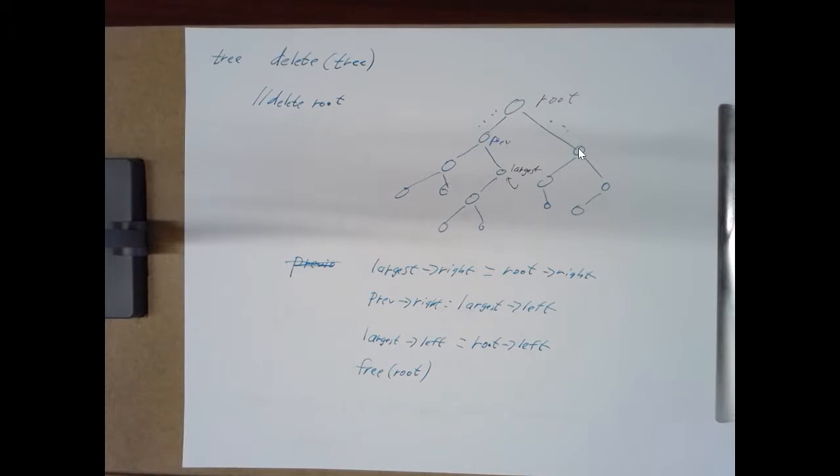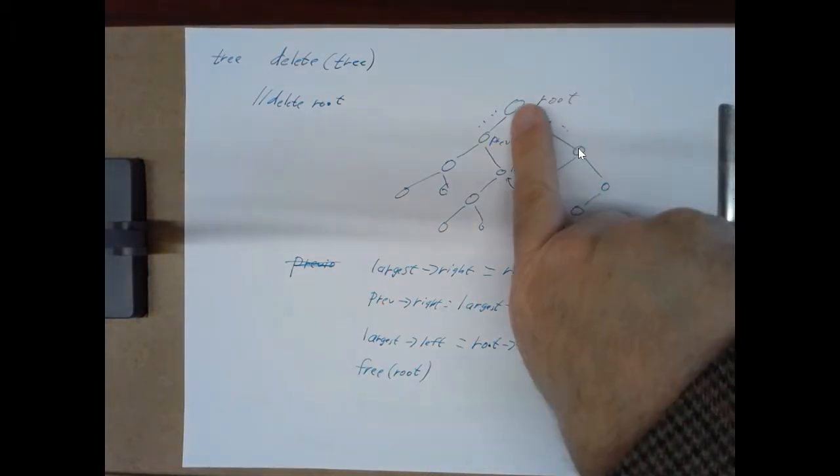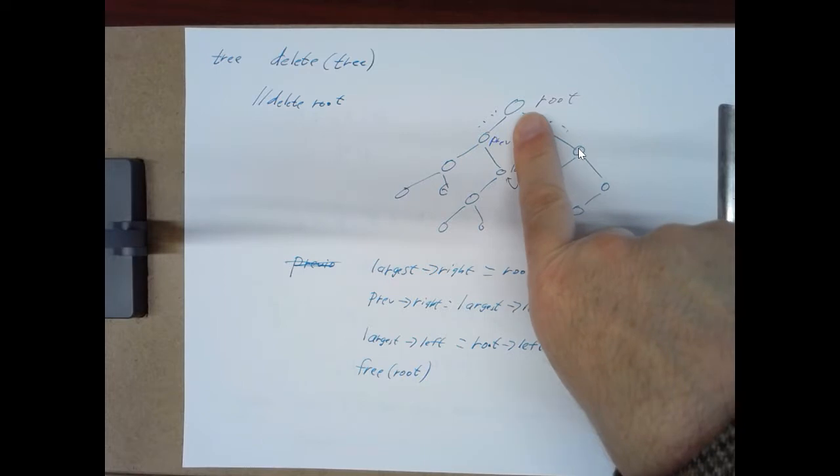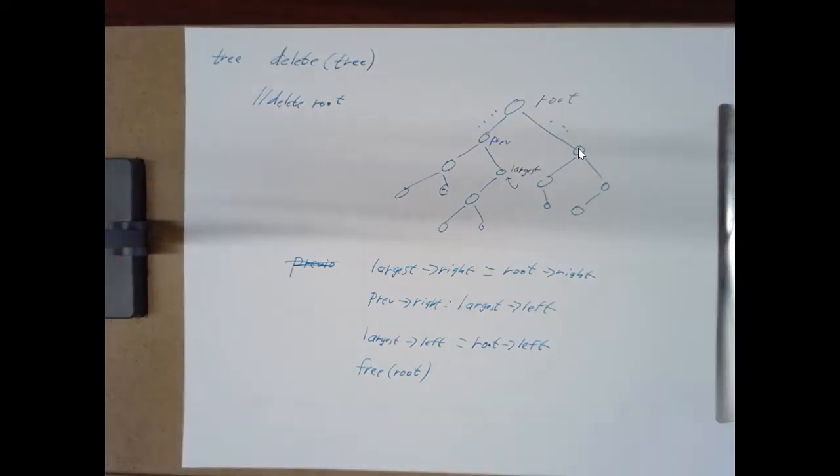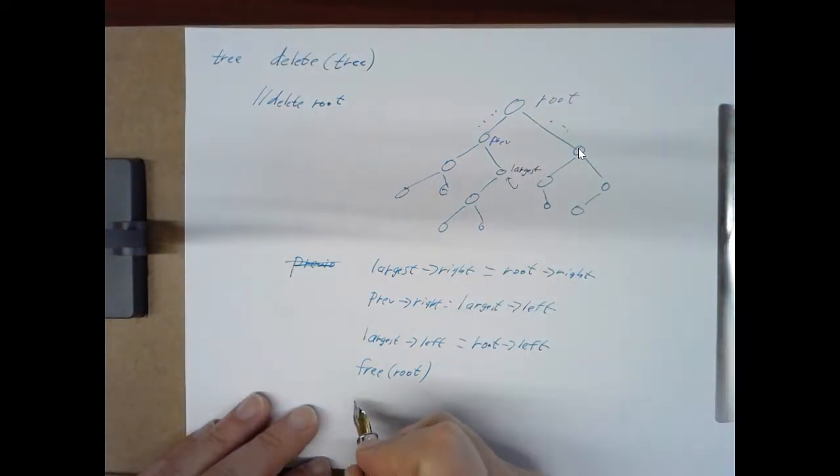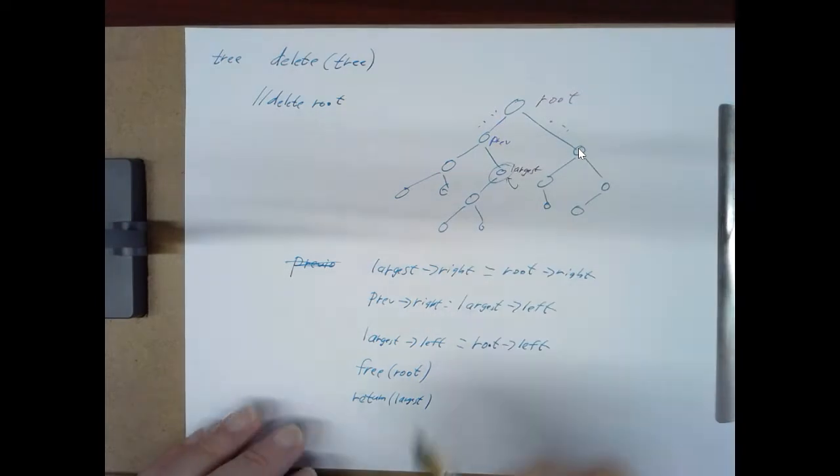So you return just a struct tree node, right? Yeah, you want to return whatever the new root of the tree is. Okay, so in this case, we would return largest, because this is going to be our new root.